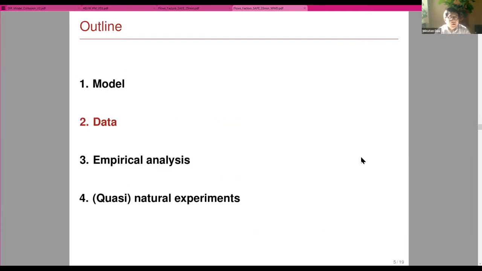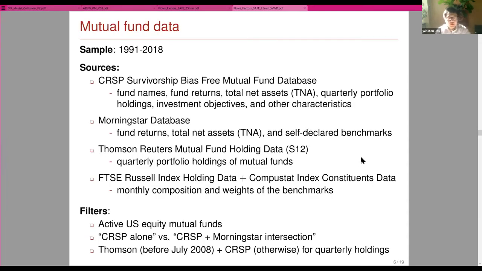Okay, data. We combine data from various sources for our empirical analysis. For the mutual fund data, we follow the literature, and the sample spans from 1991 to 2018 because the data before that has low quality. We focus on active US equity mutual funds, and following the literature, we also consider the intersection between the CRSP data and Morningstar data to construct fund flows and fund returns.